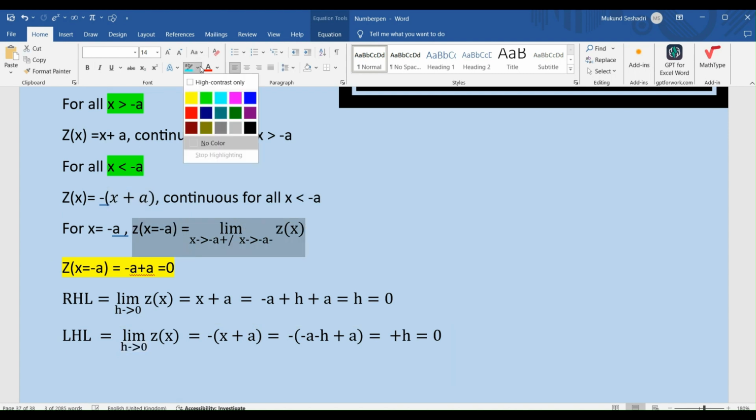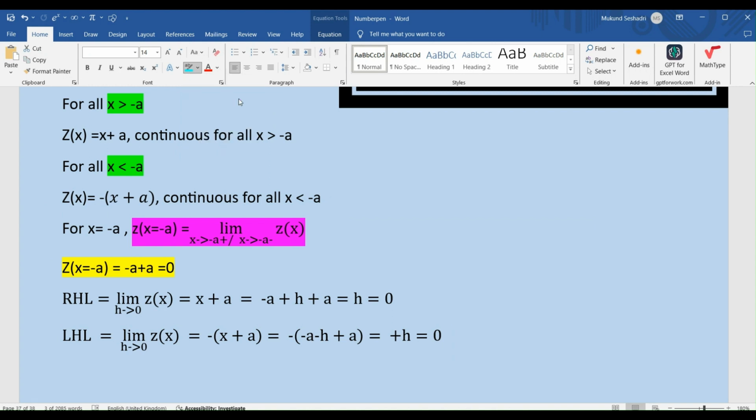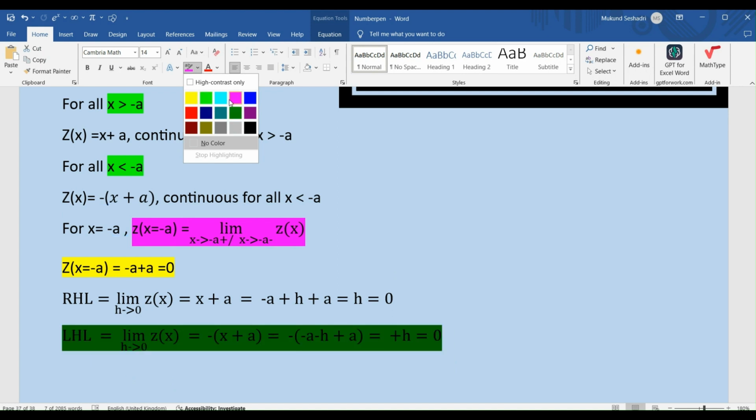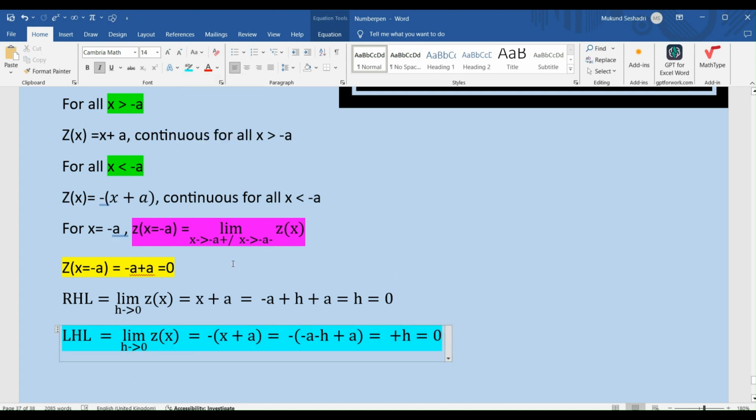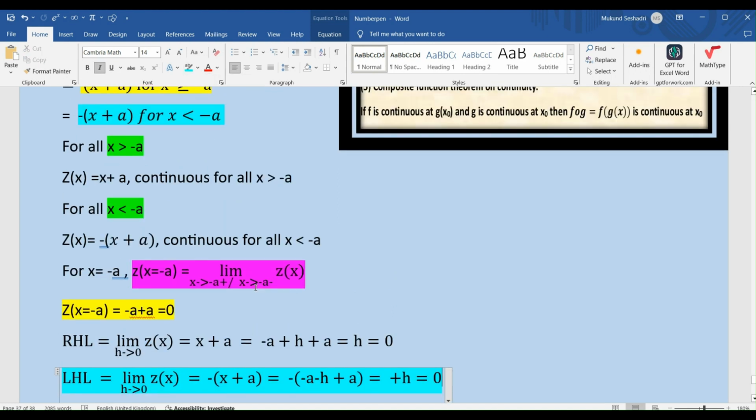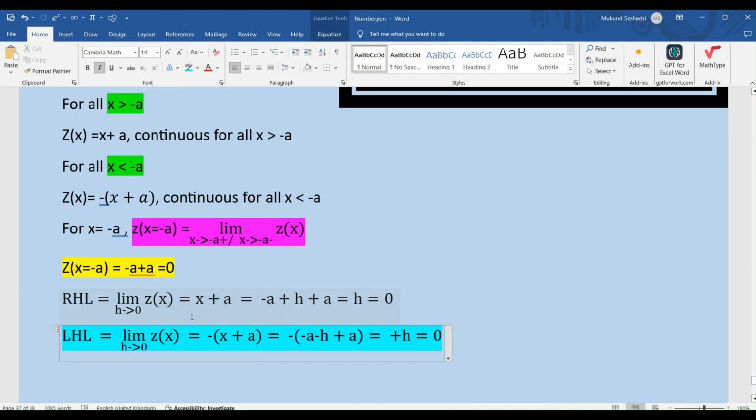Let me call it again in a different color, which is pink, right? And let me call this by the turquoise, which is what happens when x less than minus a. And let me call this by the yellow color, right?